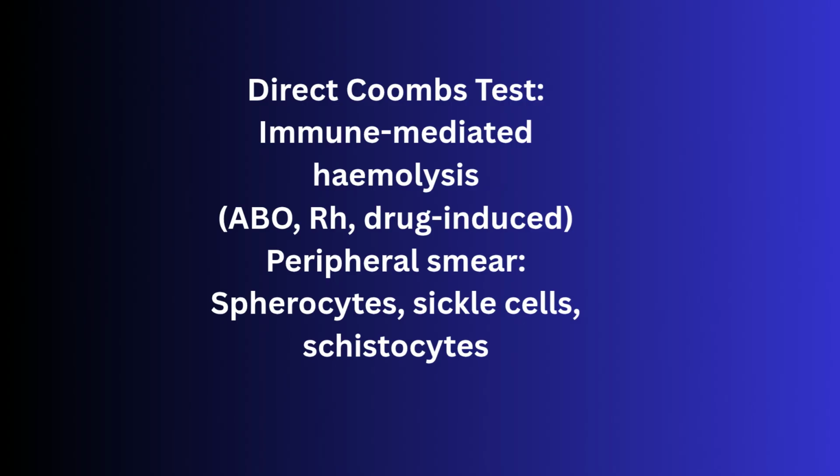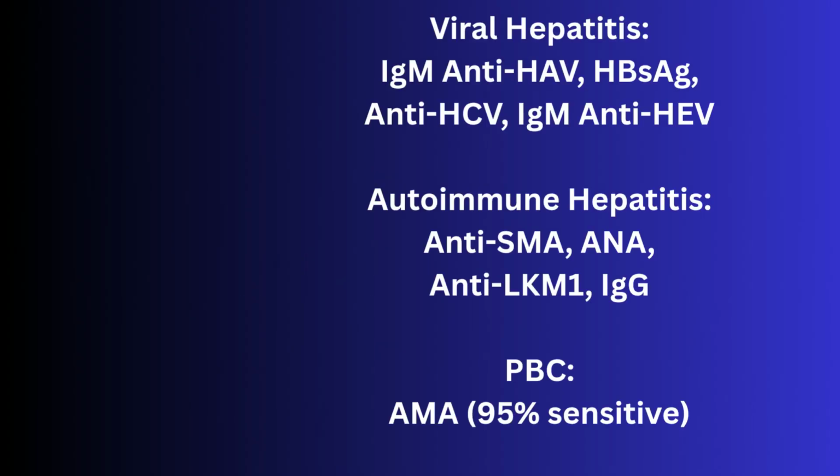Finally, serology markers for specific diagnosis. Viral hepatitis: IgM anti-HAV for acute hepatitis A, HBsAg for hepatitis B, anti-HCV for hepatitis C, IgM anti-HEV for hepatitis E. Autoimmune hepatitis: anti-SMA, ANA, anti-LKM1 and elevated IgG.